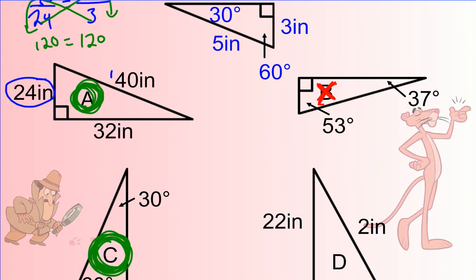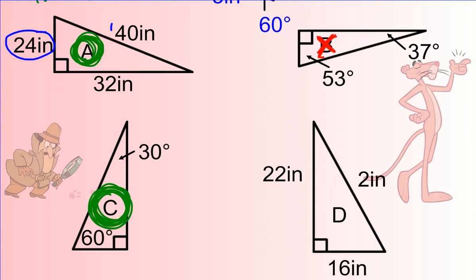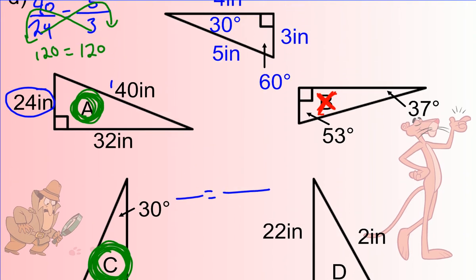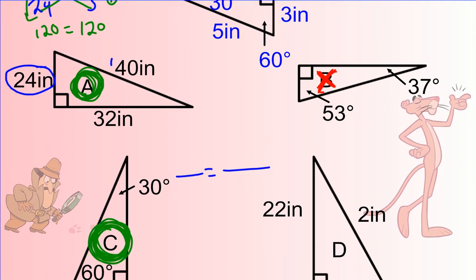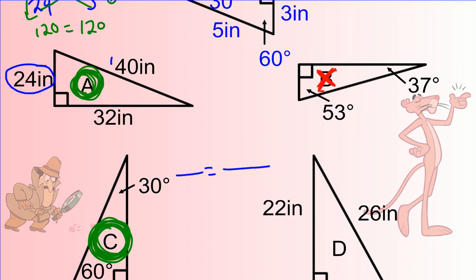Lastly, to check would be letter D. So letter D, they give me side lengths, so I'm going to use proportions because similar figures are proportional. Small little typo here, forgot to fix this one. It should be a 26. It should be right on your paper. There, 26 is better.